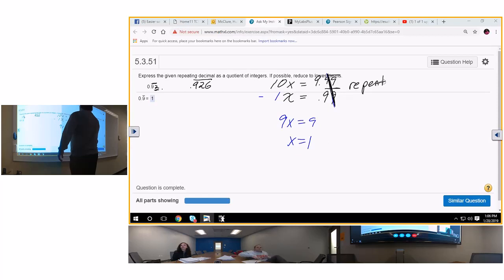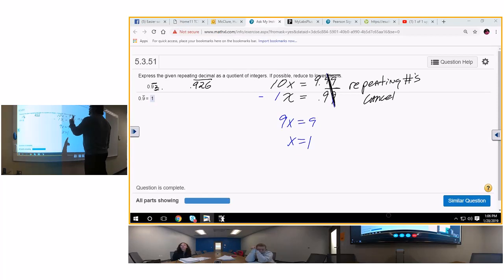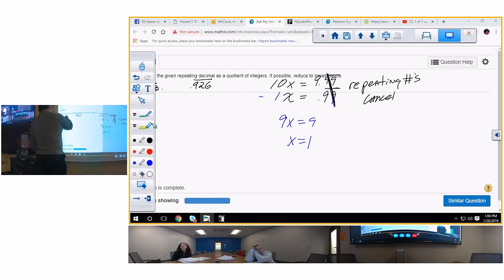The repeating numbers will cancel, and the only way you can do that is to multiply by 10, 100, or 1,000, depending on what place value is taken. In this original problem, the tenths place was taken.